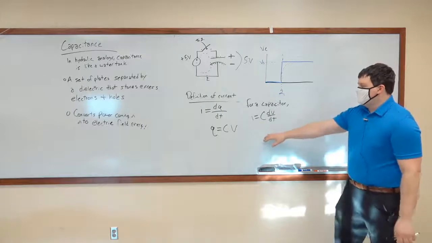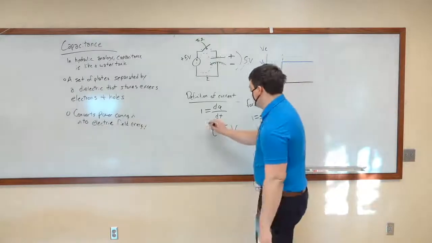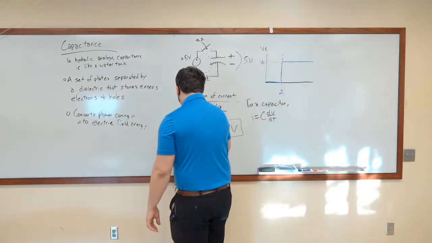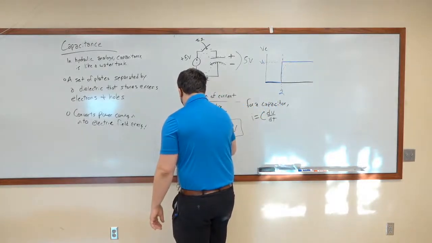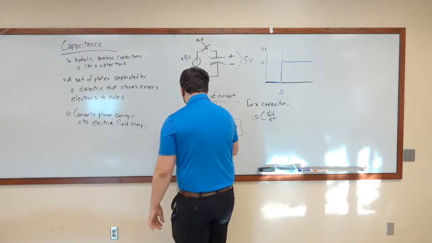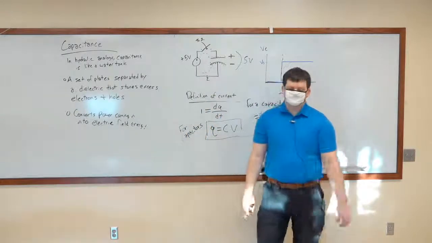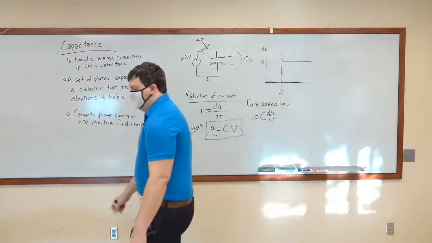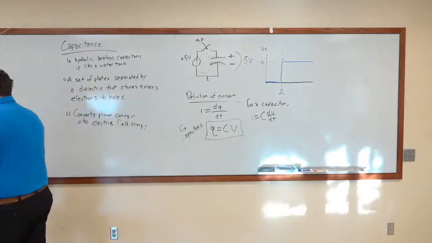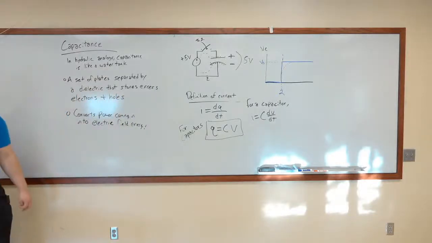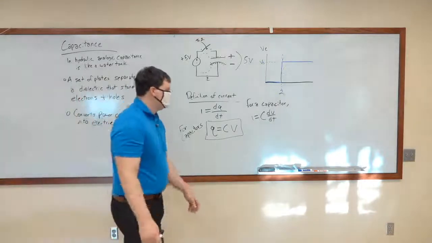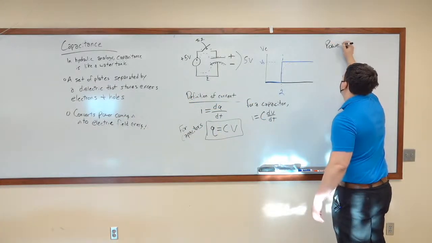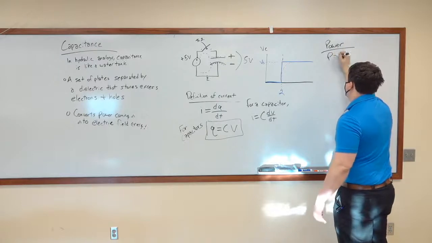So, here's what we have. We have this relationship that is true for capacitors. Now, the power equation, when it comes to capacitors, if you remember power, what is the definition of power?